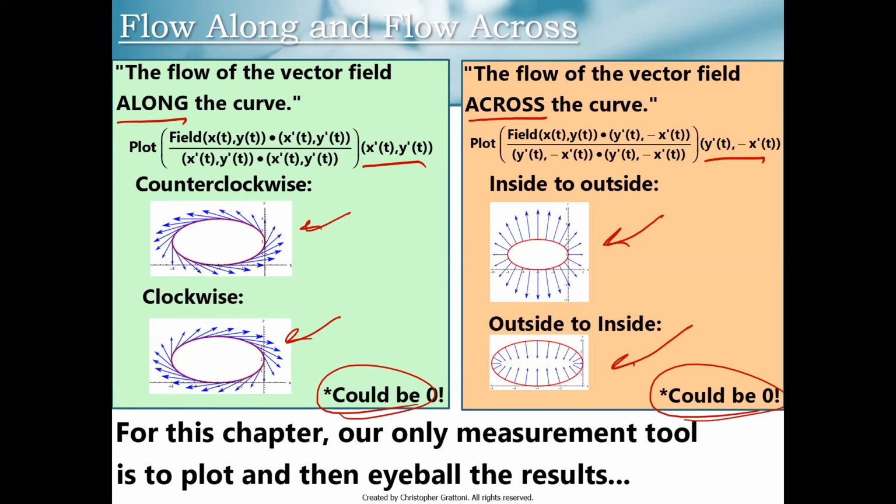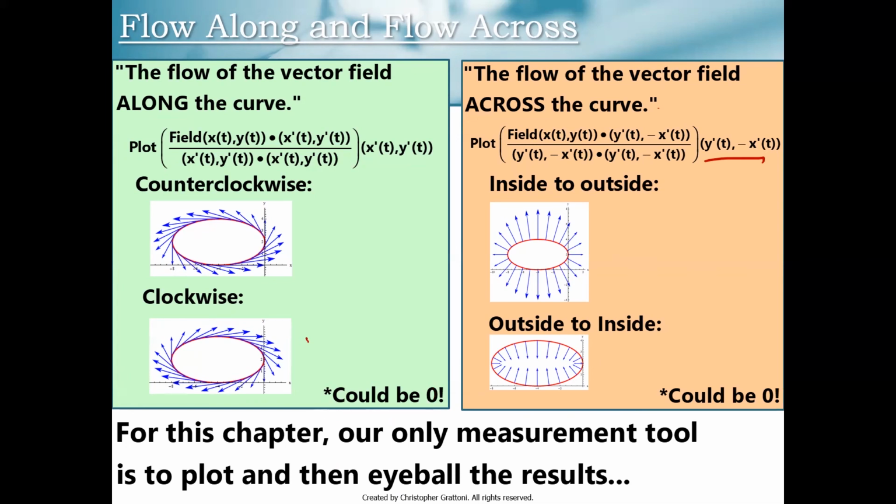Now, in terms of what vocabulary you should be familiar with from a more traditional calculus class, if you Google the net flow of a vector field across a curve, you're probably going to find my website or a U of I related website, because this terminology you really only see in this U of I course.